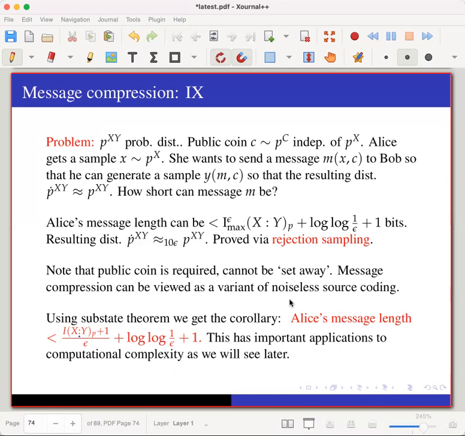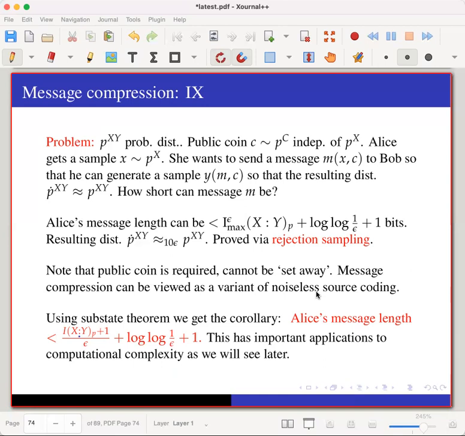So basically, when we say message compression, essentially what we mean is that we are compressing a distribution. That is, we are finding out the 1 over H min kind of thing. Oh, the H max, the noiseless source coding was the H max. Right. Okay, thanks. So message compression is a variant of noiseless source coding.